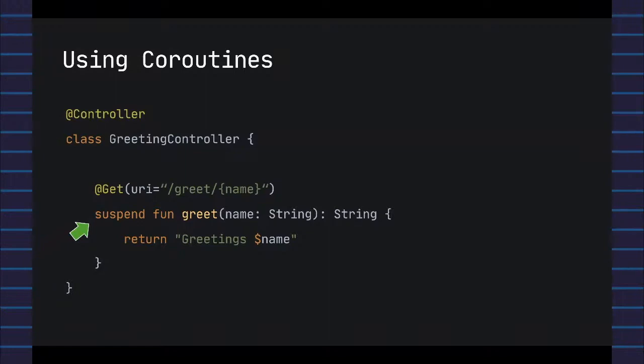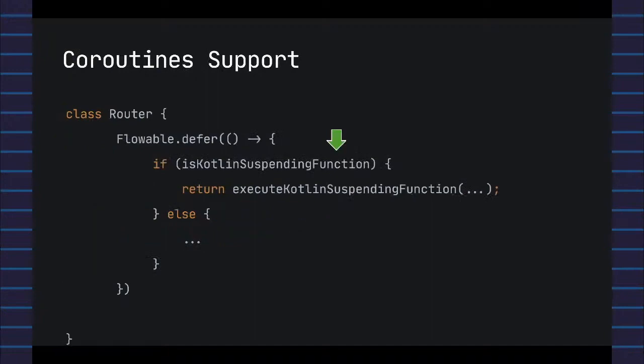Now the question is, how does Micronaut understand what this suspend keyword is when it encounters it? When you look underneath the hood in the core architecture of Micronaut, what you'll see there is a router. The router goes through and looks at the different methods that you're using in your controller. It sets up a deferred flowable.